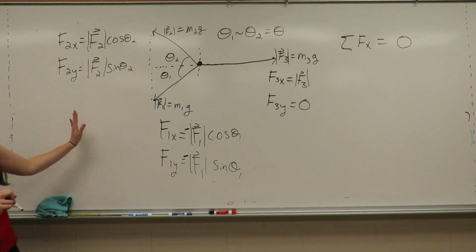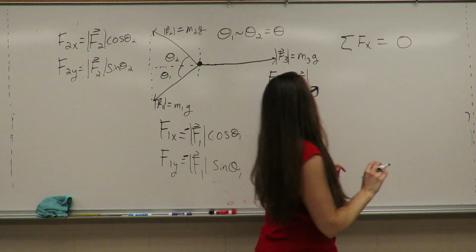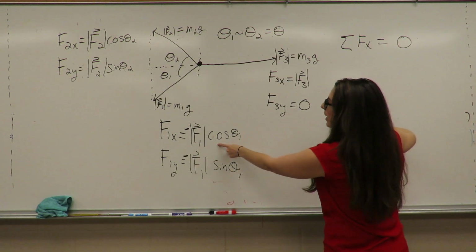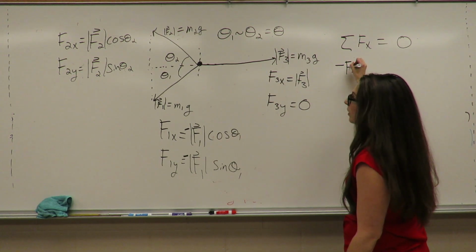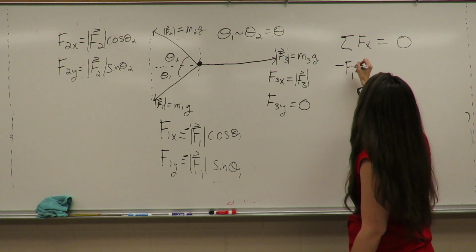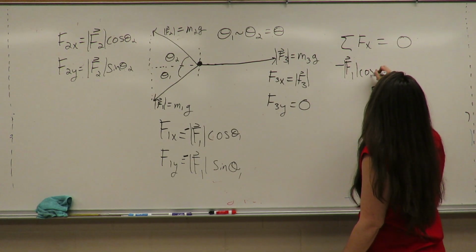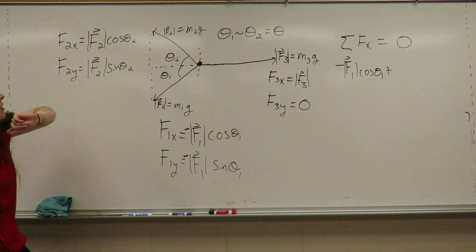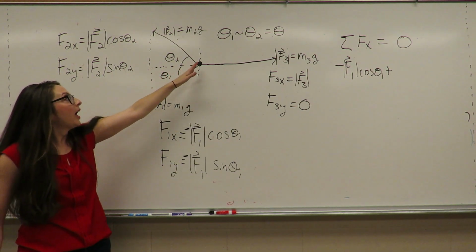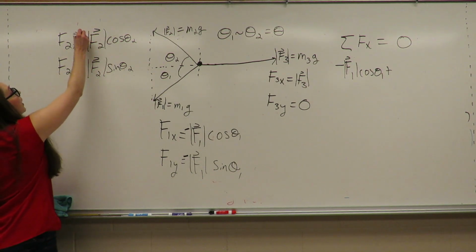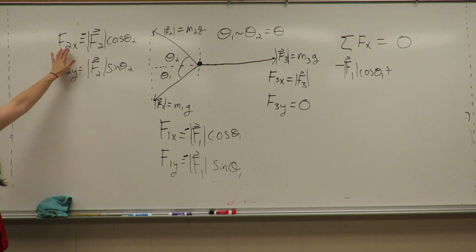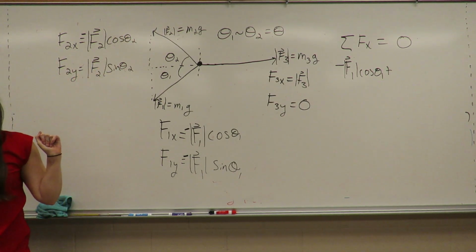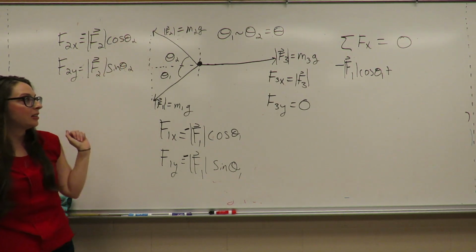Okay? And now I can plug all of these in over here to my equation for the sum of the forces in the x direction equals 0. So I have my F1x component, minus the magnitude of F1 cosine theta 1, plus, oh, I forgot again, over here on my F2 vector, the x component is in the negative direction, so we also need a negative there on the x component of F2, but we don't need it for the y component because it's along the positive y axis.